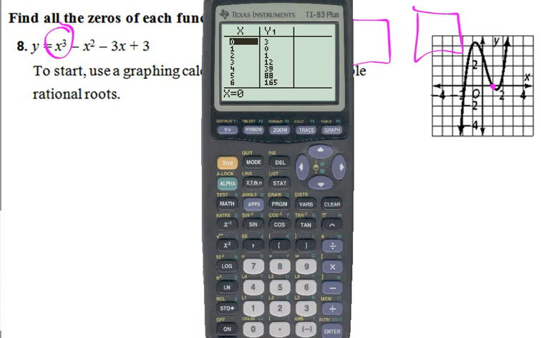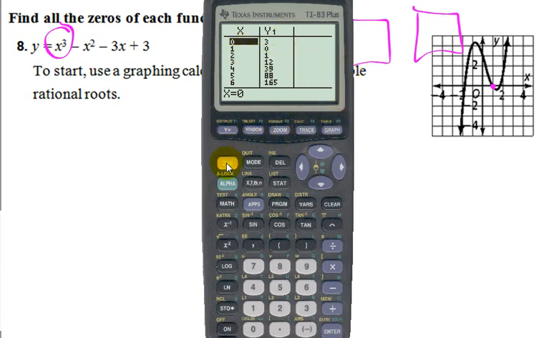And there's a 0 right there. The second one, there's a 0 in the y column. What is x when that y is 0? 1. So that's another way to find your zeros. Okay, so when y is 0, that's when it's crossing the x-axis, and it's a whole number 1. That's all we need, right? So that proves it for me.